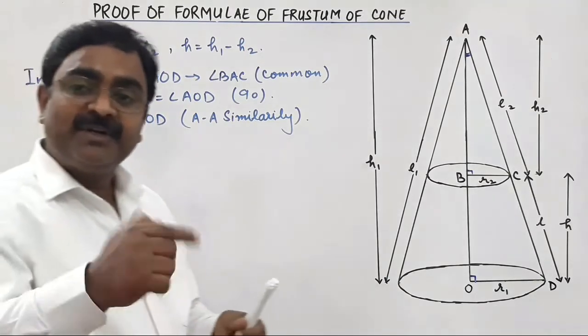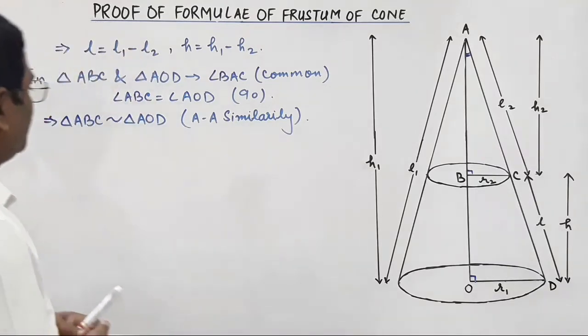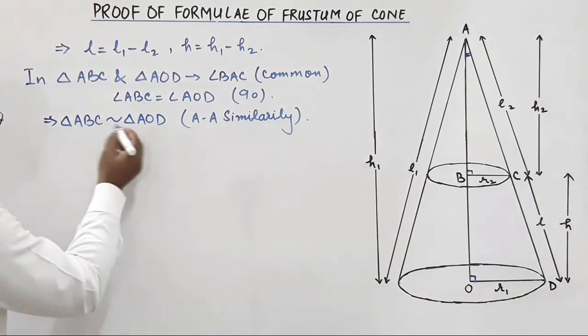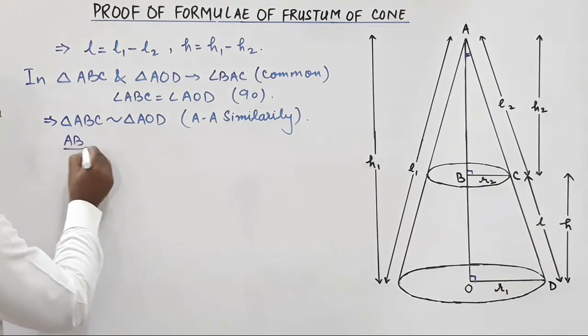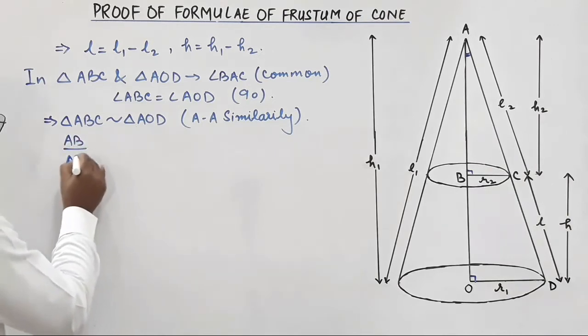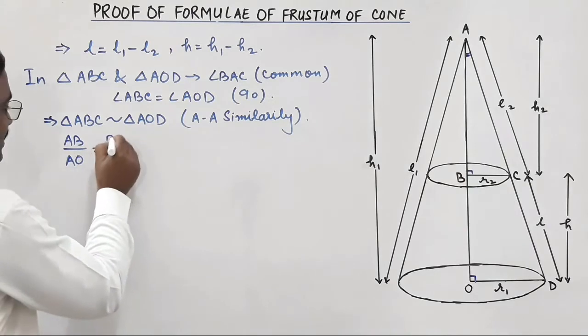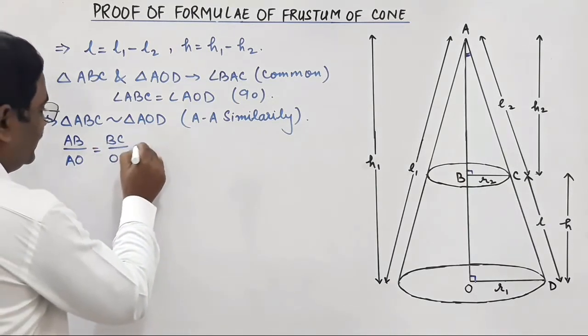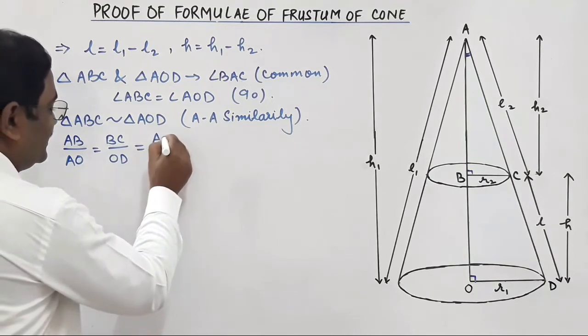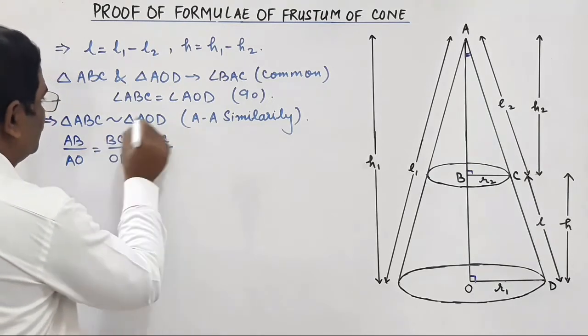So their corresponding sides are in the same ratio. It means AB corresponds to AO, equal to BC corresponds to OD, and AC corresponds to AD.